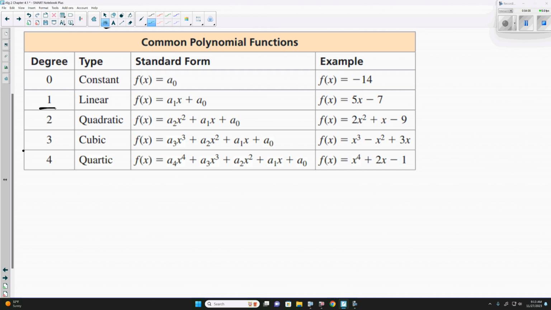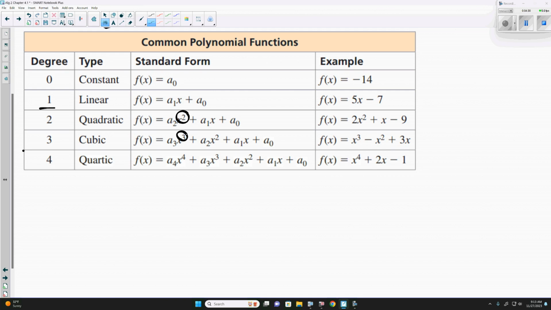Degree 2, a sub 2 x squared plus a sub 1 x plus a sub 0, or really the biggest exponent attached to a variable is 2, so that is the degree, and we call it a quadratic. When we say the degree is 3, the biggest exponent attached to the variable is 3, and we call it a cubic function.